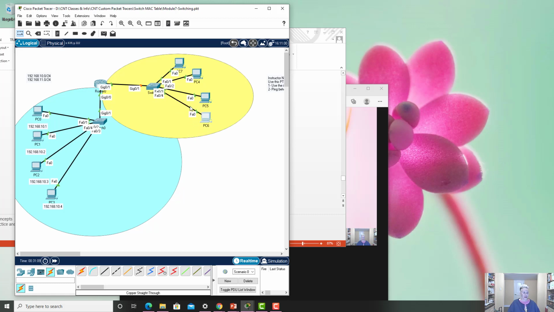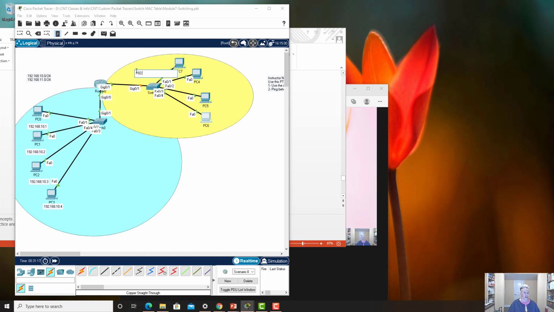Again, what makes that determination? It is a separate interface on this router. And we would assign these devices to a totally different network. It would have a different default gateway, so this address would be set to a different default gateway. Now I have this original broadcast domain, and then I have a second broadcast domain.